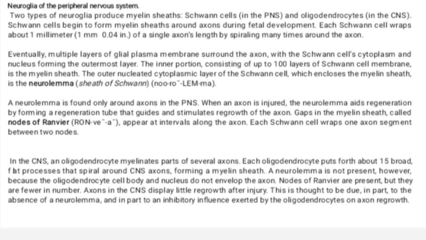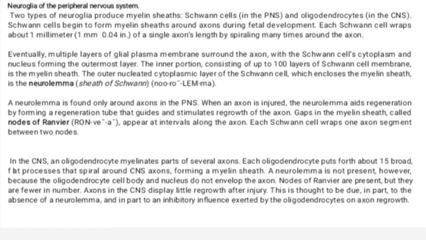Two types of neuroglia produce myelin sheaths: Schwann cells in the peripheral nervous system, and oligodendrocytes in the central nervous system. These cells begin to form myelin sheaths around axons during fetal development. Each Schwann cell wraps about 1 millimeter, or 0.04 inches, of a single axon's length by spiraling many times around the axon.